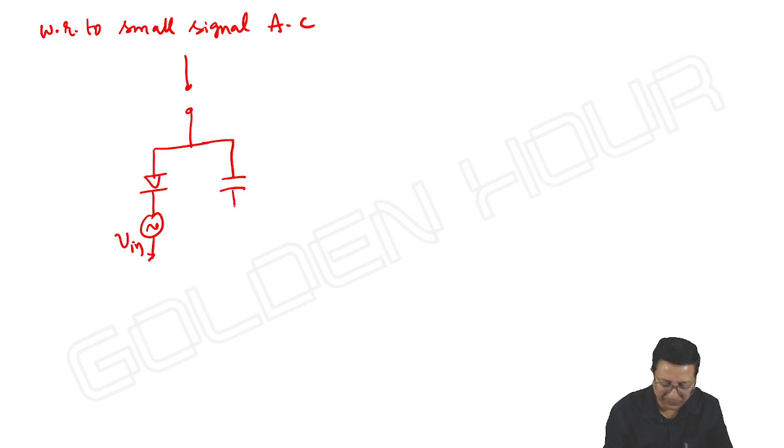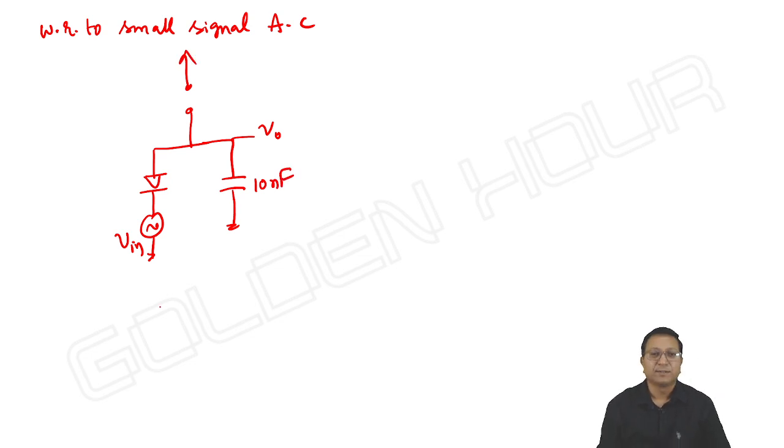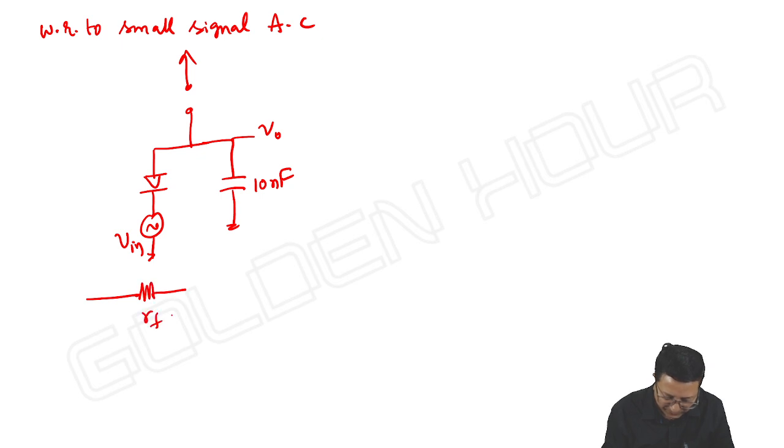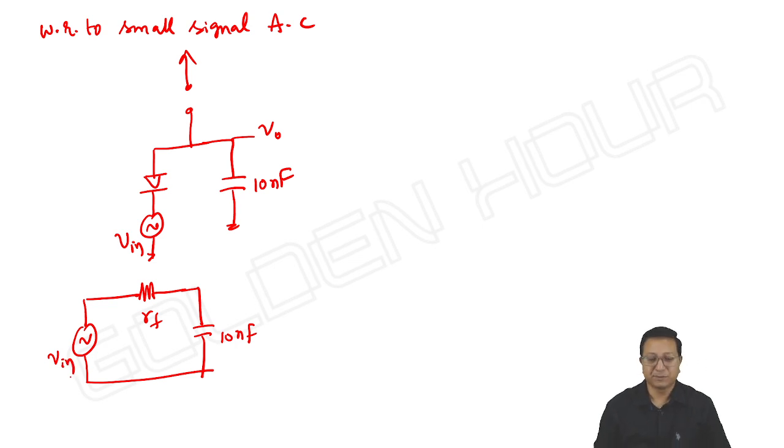Next, this capacitor, V output, it is 10 nanofarad. Further, it can be redrawn like this. Diode forward resistance, AC input, V output. It is now looking like a low pass filter.